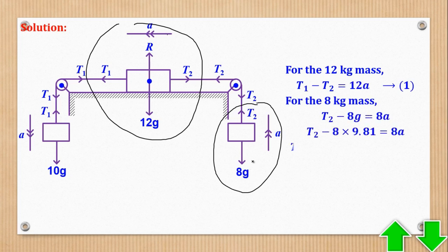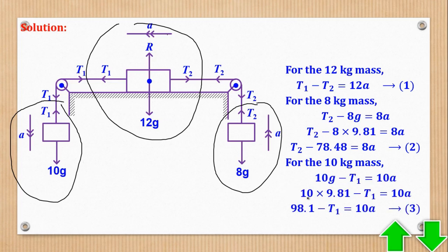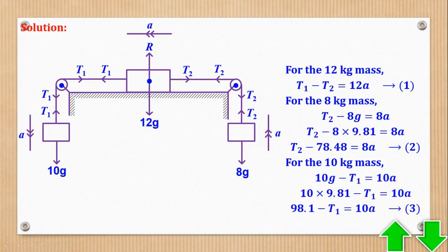Substitute for g and get equation 2. Then for the 10 kilogram mass, it will be 10g minus T1 equals 10a. Substitute for g and get equation 3. So these are 3 equations and 3 unknowns, meaning we need to solve them simultaneously.